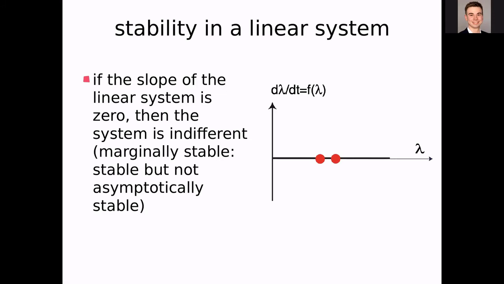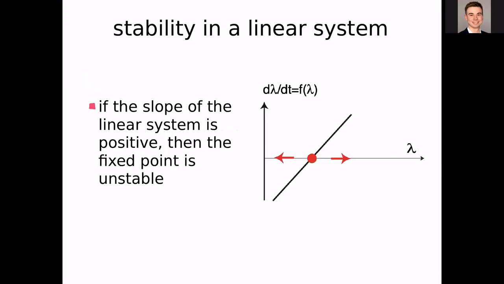It just stays in the perturbed state because this is also a fixed point. So it's not really stable, but somewhat stable. The zero slope is kind of in the middle between the stable and the unstable fixed point.